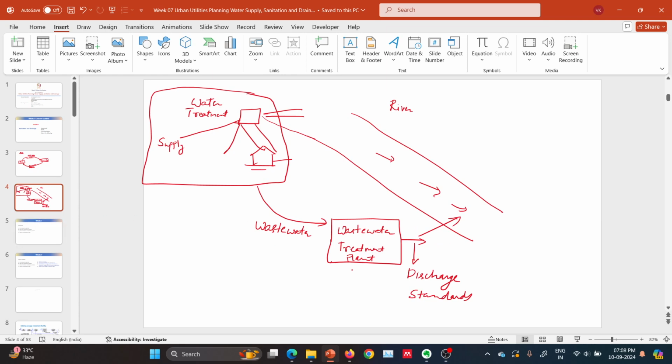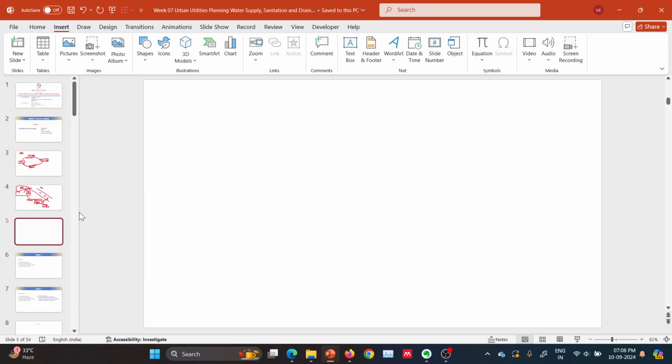But the treatment plant is not required every time. It depends on the population, upon the population density, and how far apart the homes are.